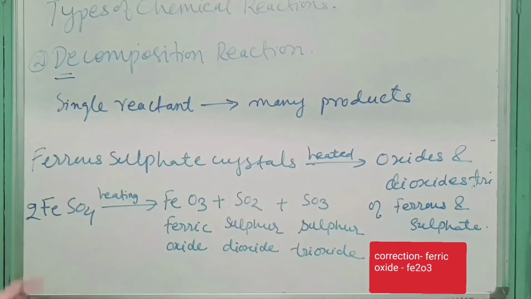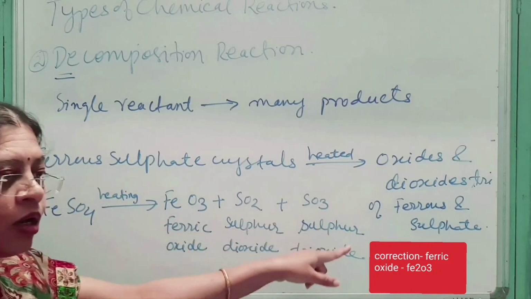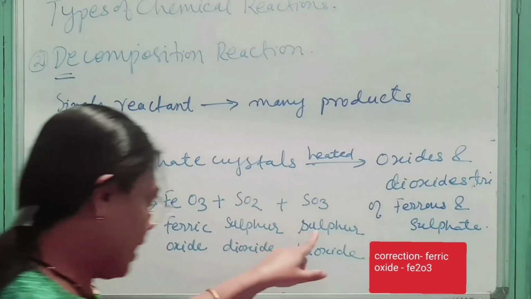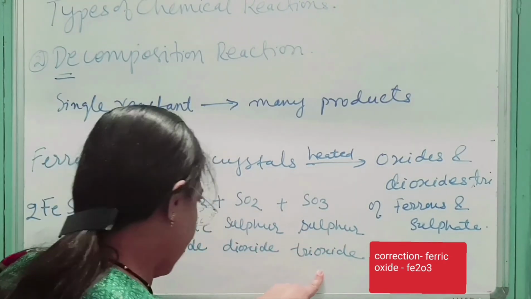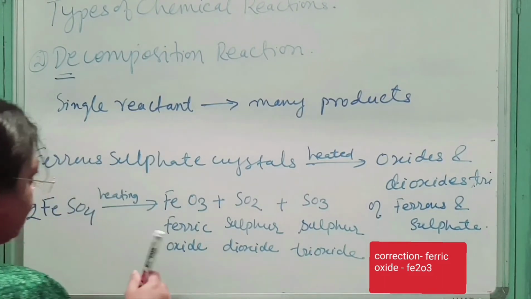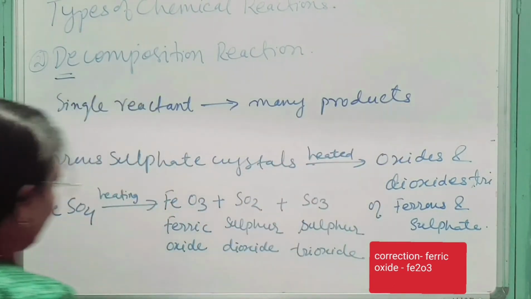So you can see ferrous sulfate due to heating gets decomposed into 3 products: ferric oxide, sulfur dioxide and sulfur trioxide. So the decomposition is the reaction in which a single reactant is converting into many products.